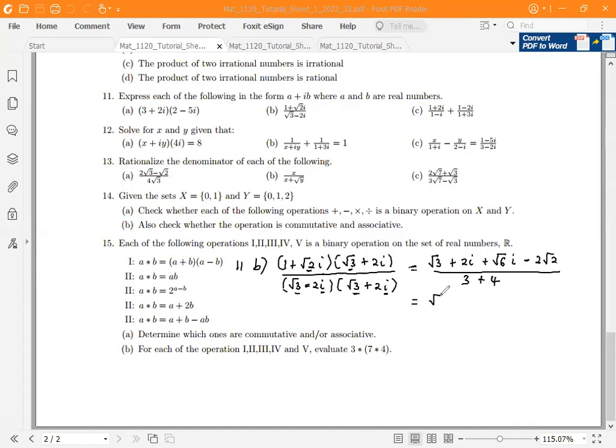So you say root 3 minus 2 root 2 over 7 plus the root of 2 plus the root of 6, the i outside, over 7. Means you have attended to it fully. Put it like that. So no hiccups.